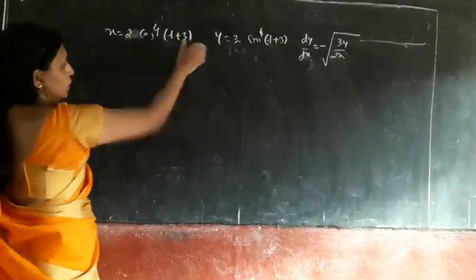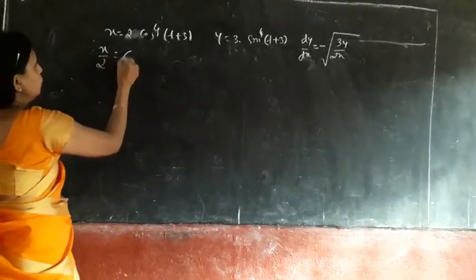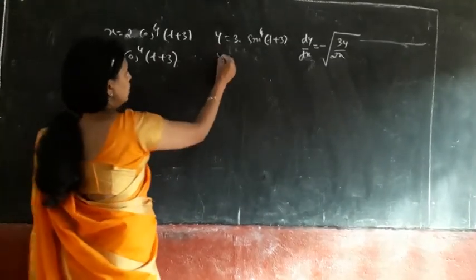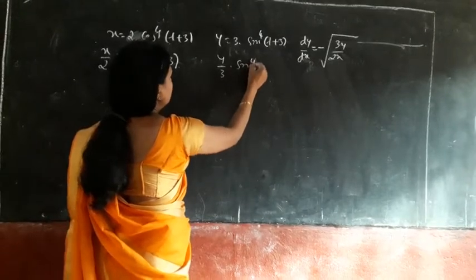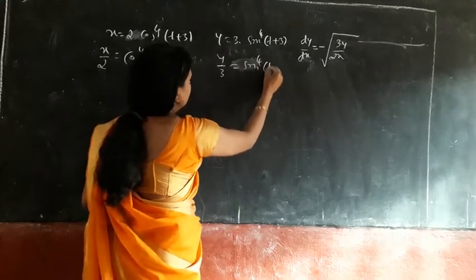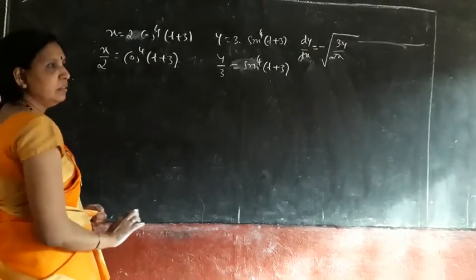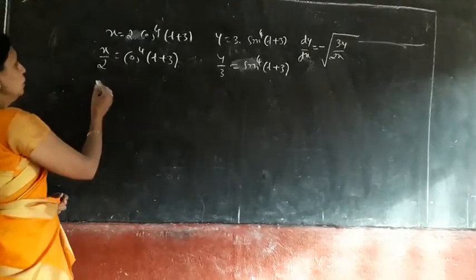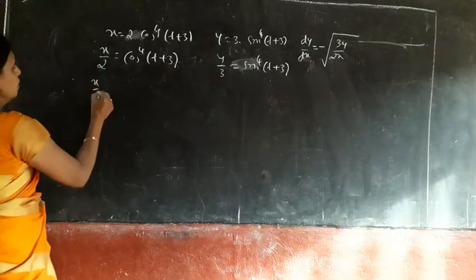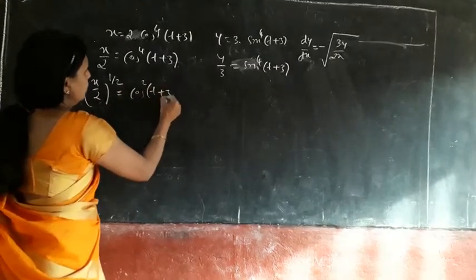Consider the given equations. First, write down these given equations as x upon 2 equal to cos raised to 4 t plus 3. Write this also: y upon 3 equal to sin raised to 4 t plus 3. We are going to simplify here, then it is easy to prove. Now taking 1 upon 2 as a power on both sides, see, this becomes cos square t plus 3.